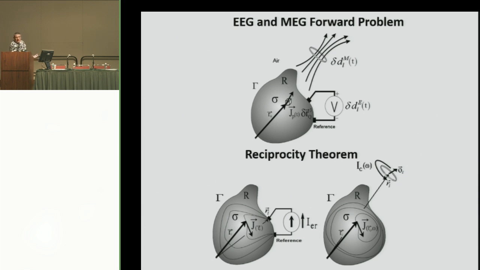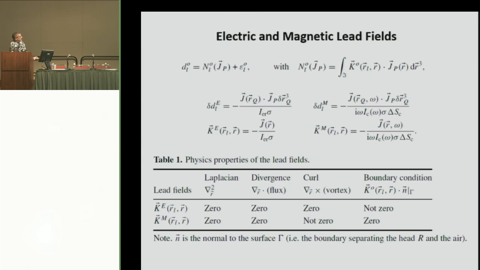And what the physics of this lead field is telling you is that if you take this J and make the scalar product with this JP, which is your neuronal sources, then you get this B here. And if you take this J here and make the scalar product with this J, then you get this magnitude here. That's all. It's very simple, but it takes time to digest and also to understand the mathematics.